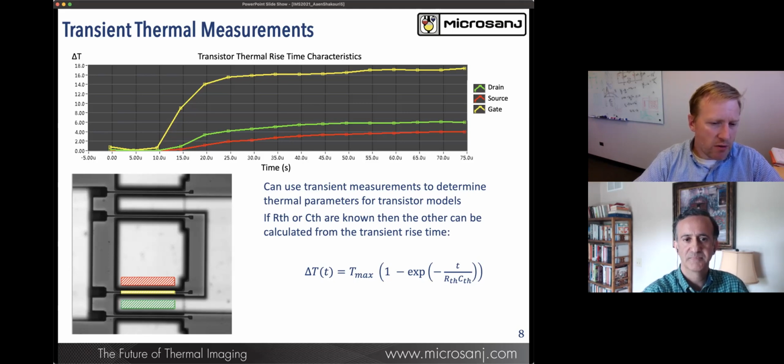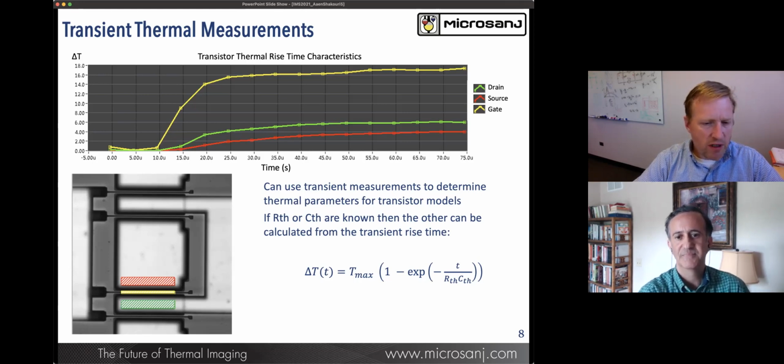And what we're able to do in these spots now is pick out the overall temperature within that area of interest. And at the top of the screen here, you'll see how the temperature rises differently depending on where you are on the device. So here you'll see very different delta T's, whether you're on the gate, the drain, or the source of the transistor.